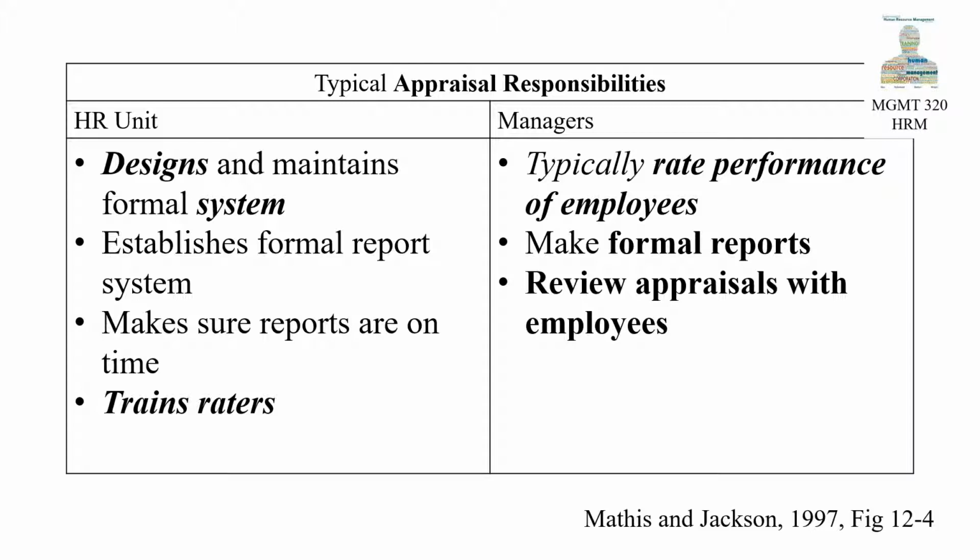On the right, the managers are being trained in how to rate the performance. Ask and answer those 5 control questions. Also making formal reports, and then review appraisals with employees. And I'm emphasizing again where you ask and answer the 5 control questions.